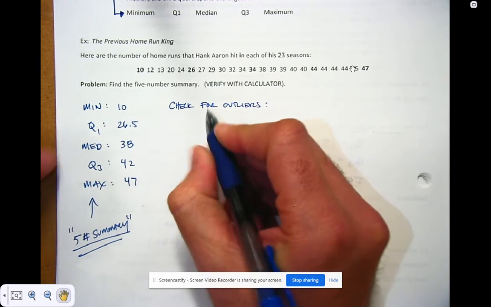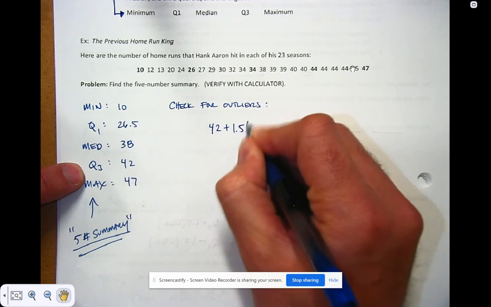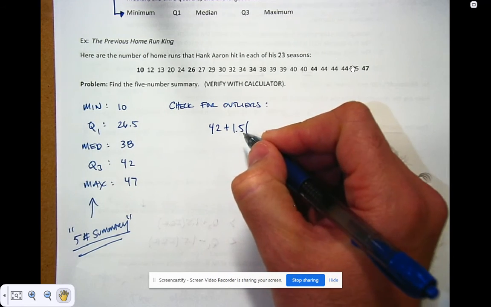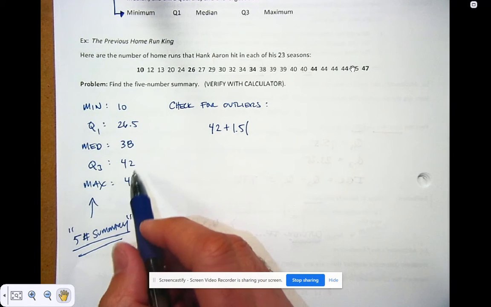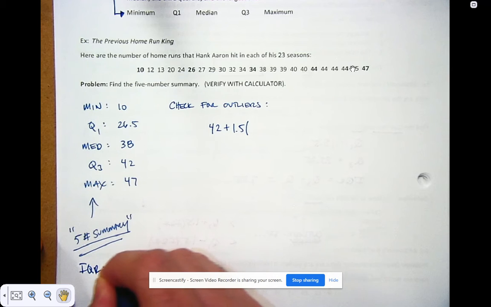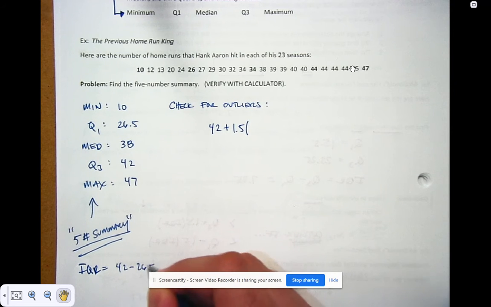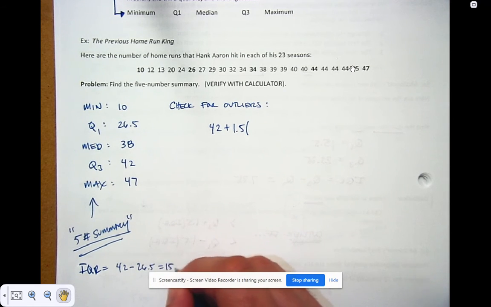I'm going to do quartile 3, and I'm going to add 1.5 times the IQR. The IQR, I'll just write it down here, is equal to 42 minus 26.5, which is 15.5.